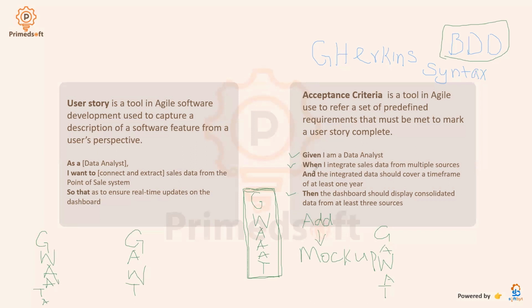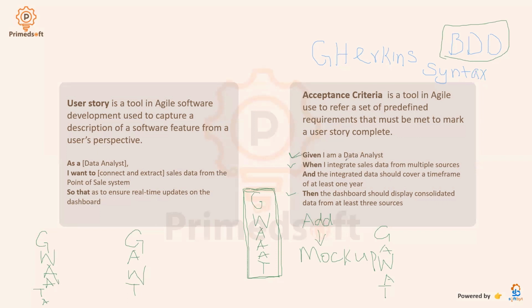So this Gherkin syntax is behavior-driven development, trying to develop an application from the perception or perspective of the end user. And the syntax is a precondition, given. You need to meet this precondition. Like, you are the data analyst, the QA will not be the one to extract the data, so you cannot put the QA here.